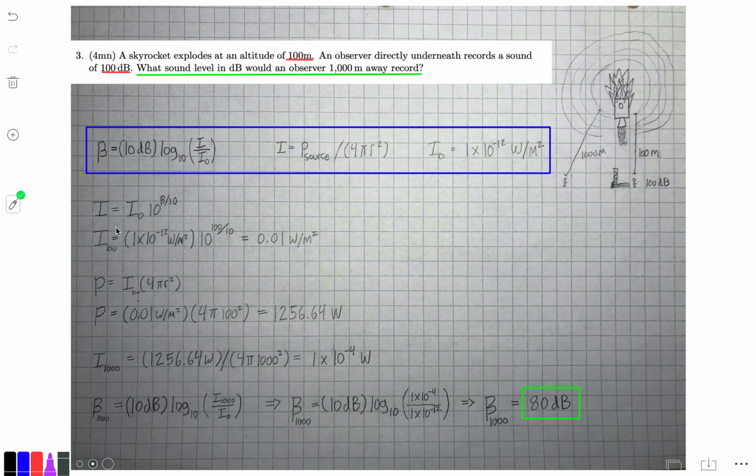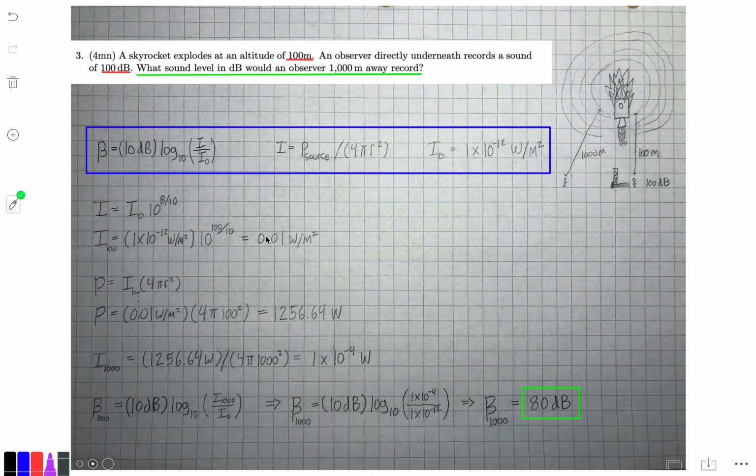So getting into the problem, we notice that we can use this equation. Using this equation, we can rearrange for intensity, because what we're going to do is solve for the intensity at 100 meters. So plugging in our values here, where this is decibels, we're given this intensity right here.